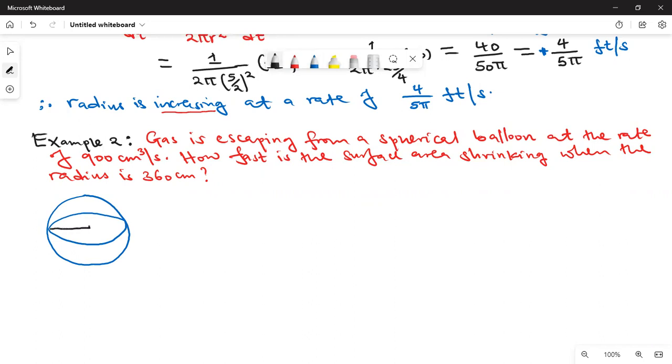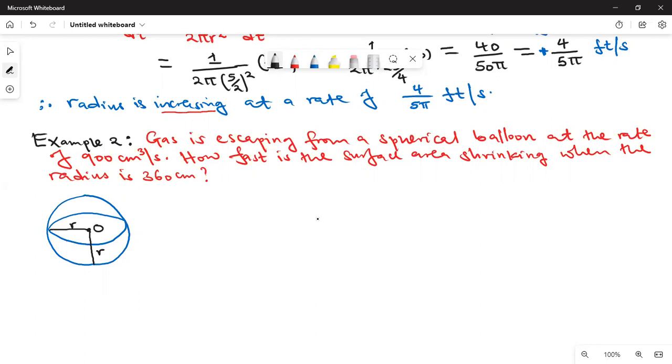Remember, a sphere has a radius. That is the radius. Another radius is this other side, and this is the center of the sphere. We can call it O. So what do we know about the sphere? Because it is a balloon and the gas is escaping, we expect the volume to be decreasing at any time t.